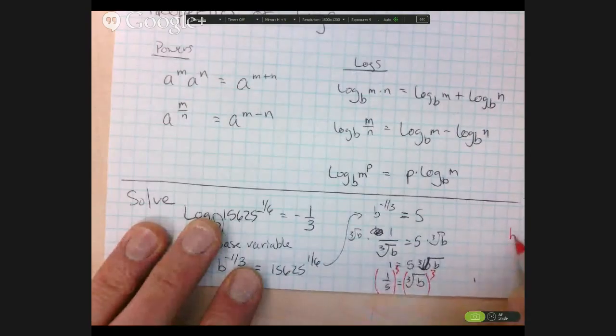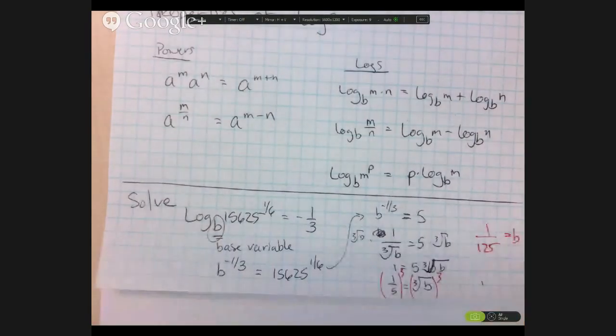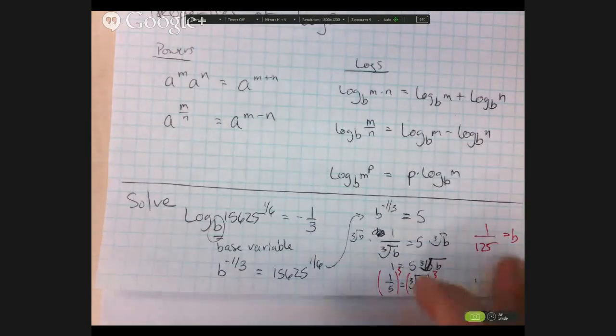So b equals 1/125. Right. High quality. Can I move on? Not yet. Okay. I will wait.